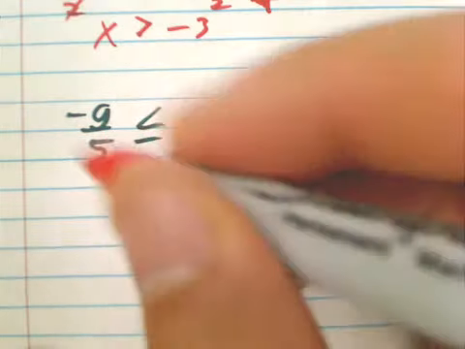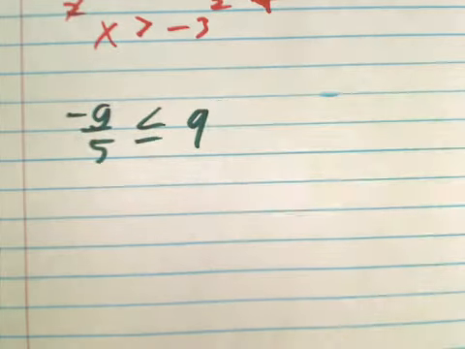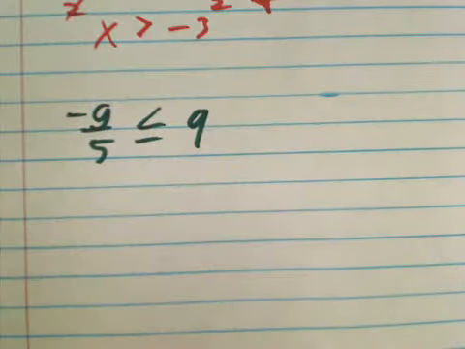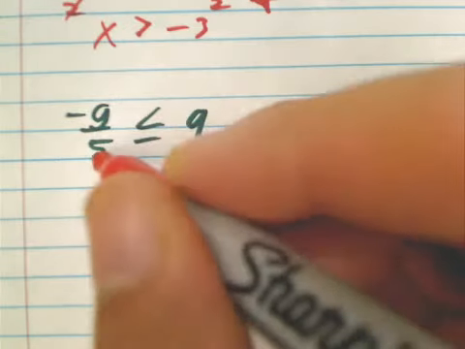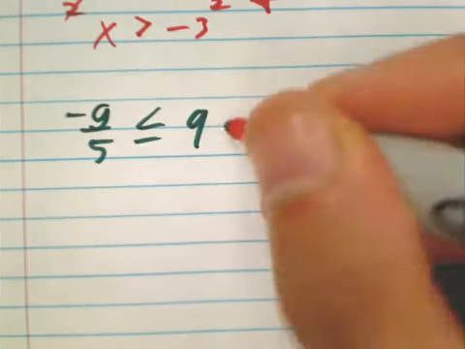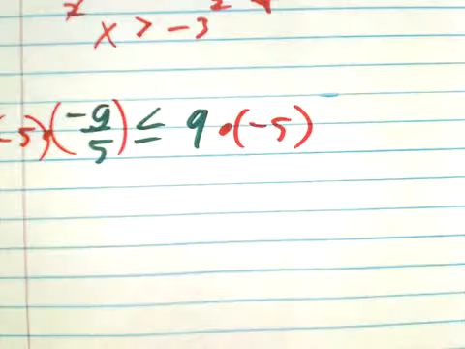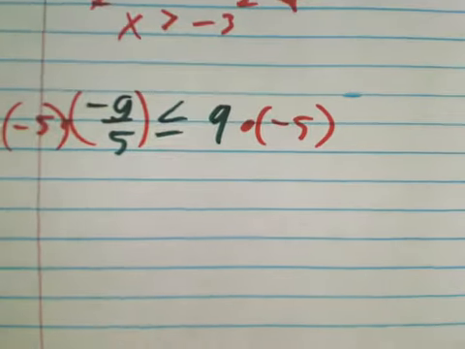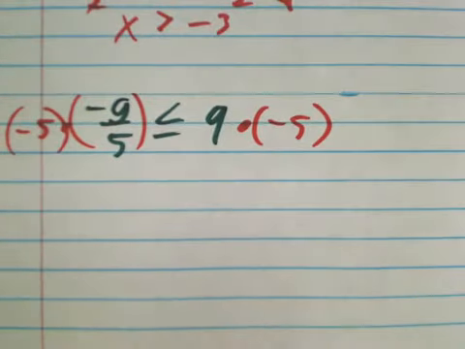And whether the negative is out front or whether the negative is down here with the 5, you have to multiply by a negative anyway to get rid of it. So let's just do that all at once. I'm going to multiply by negative 5. Put those in parentheses as well, because that negative might look like subtraction. Parentheses all over. I probably went a little too much with it, but that's okay.